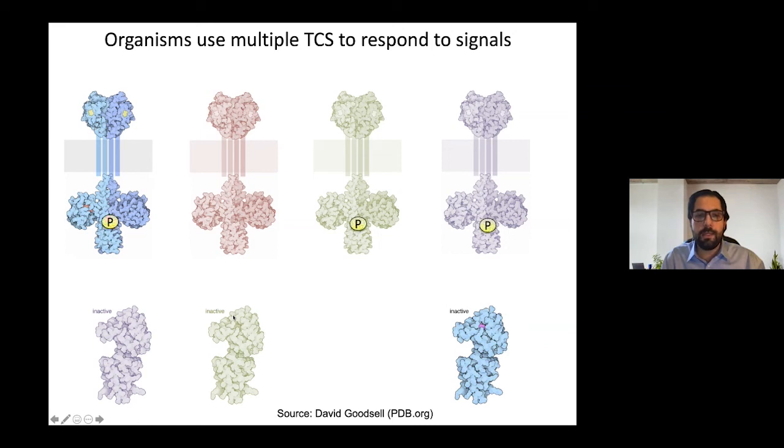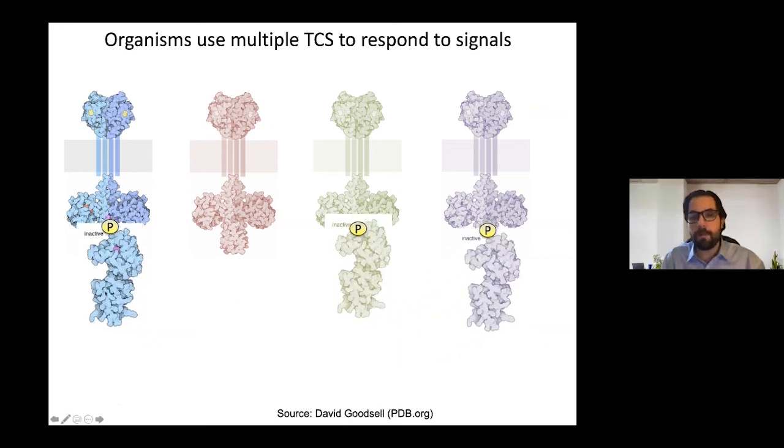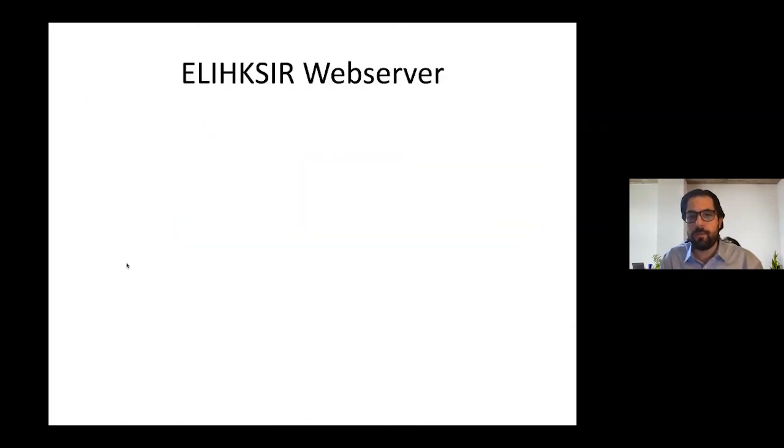Typically, this protein is phosphorylated, so they attach a phosphate group, and then they find their partner. They have a very specific encoding so that they can only recognize one or a few partners. So there are thousands of these in bacteria, and sometimes it's hard to identify which partner is the right one.